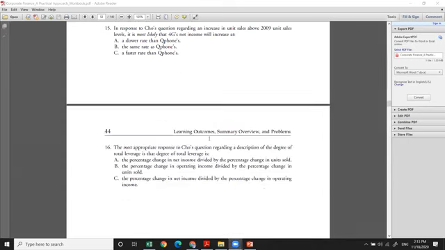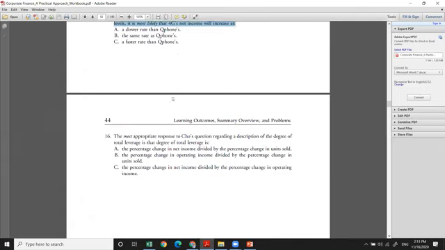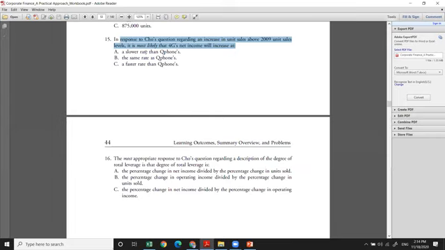And question 15. In response to the question regarding the increase in the unit sales above 2009 unit sales level, most likely 4G's net income will increase at slower and lower rates than Q phones, the same rate as the Q phones.